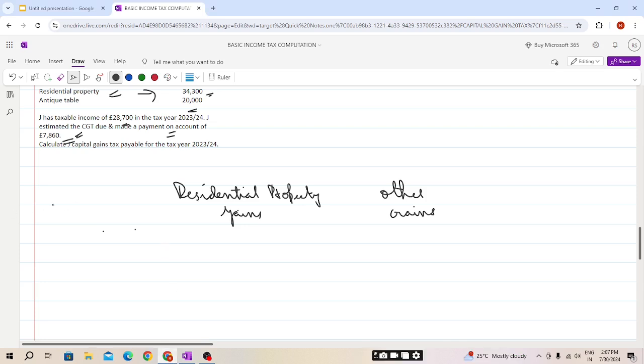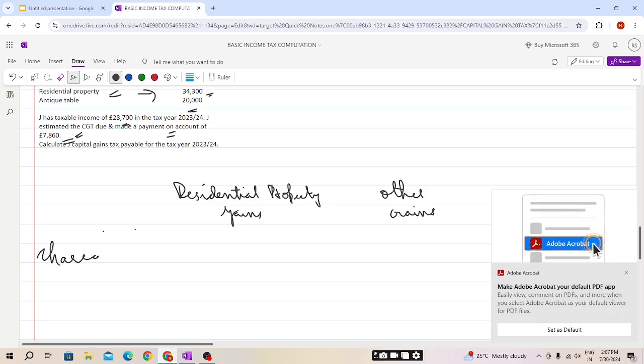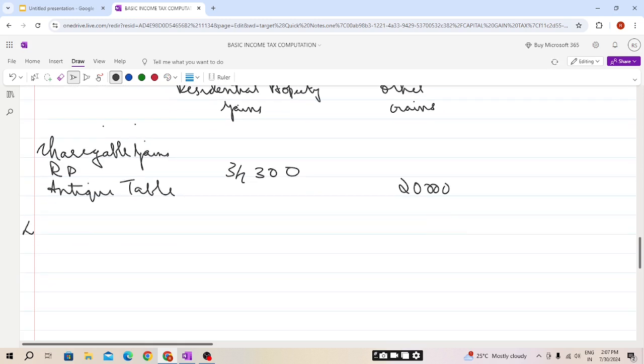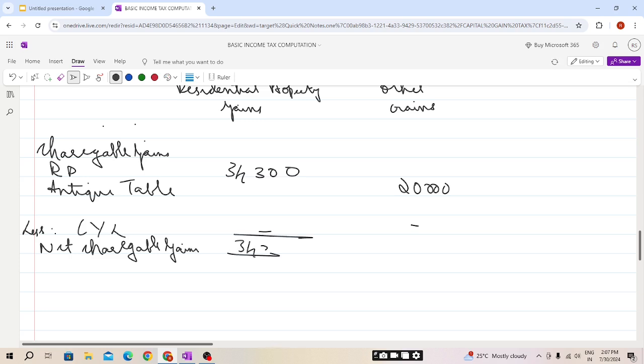Let's take an example. Now coming to chargeable gains. So chargeable gains, students, for residential property it is 34,300, then antique table it is 20,000. Less, students, any current year loss, nothing is mentioned. So this will be our net chargeable gains, 34,300 and 20,000.